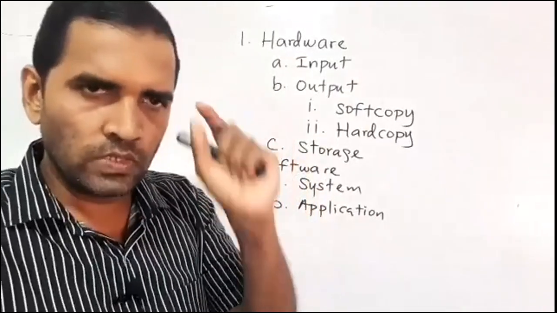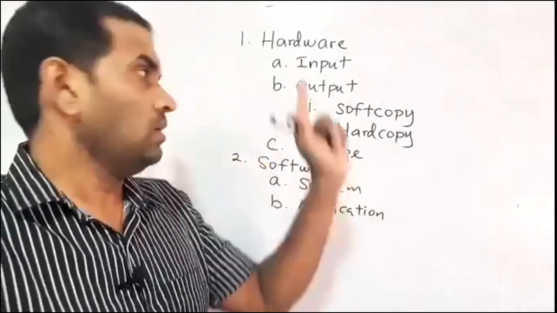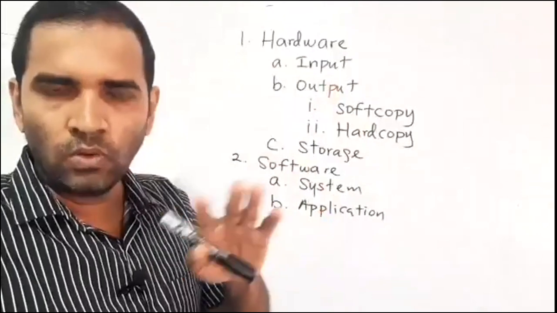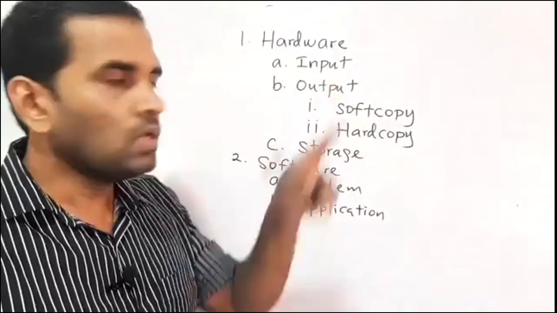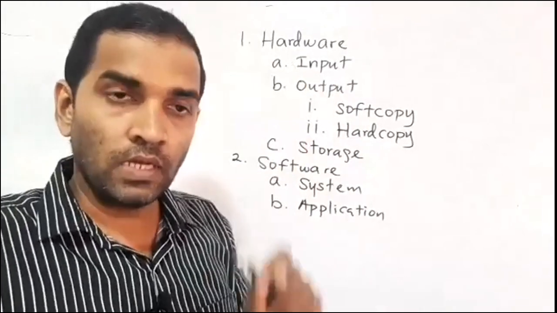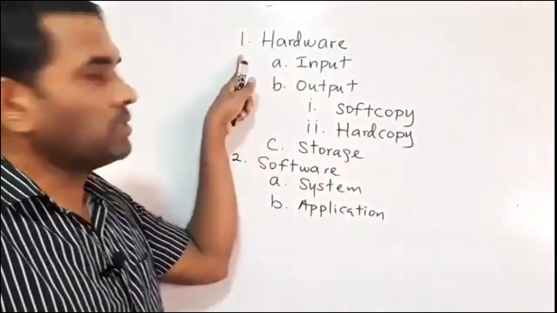Now focus on your second list item. Your second list item would be input, or input devices. But check that type. Here you have A. You need A, not number 2.